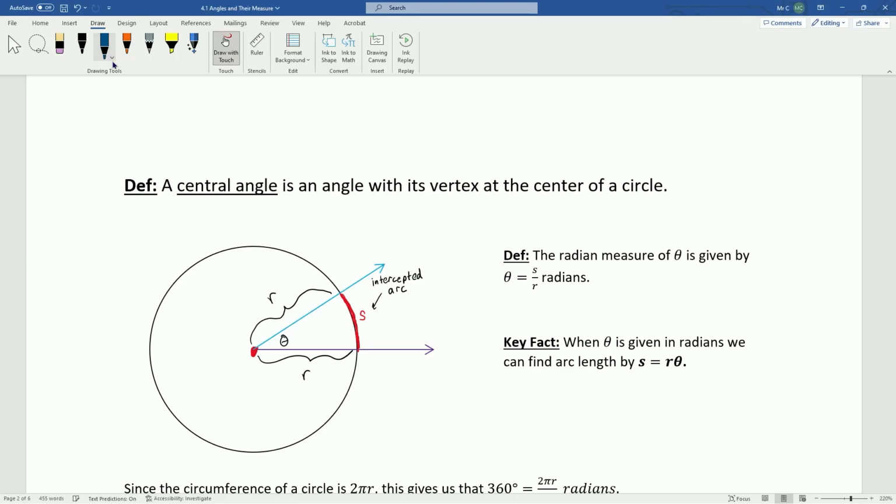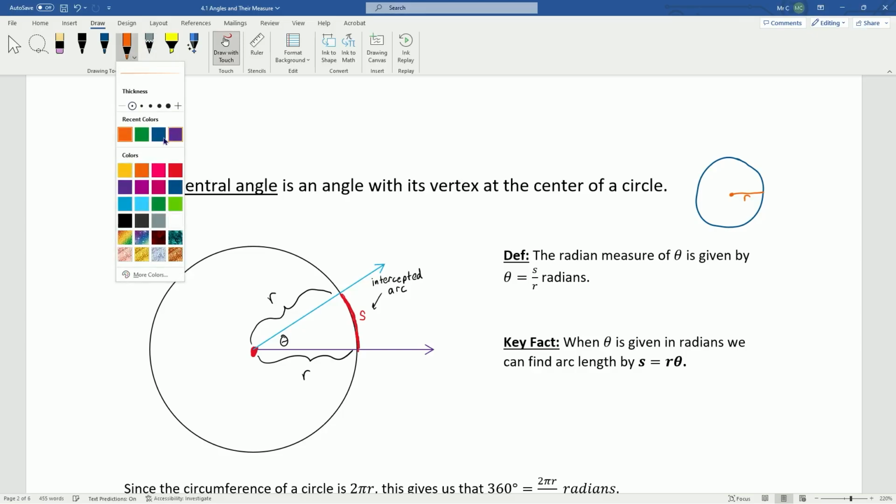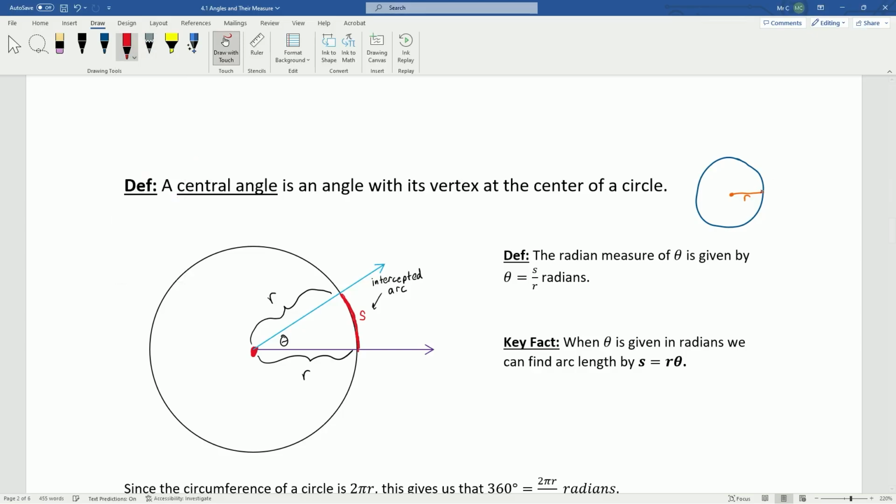So in other words, if I have let's say a circle like this, and here's my radius, and I draw something roughly like this.